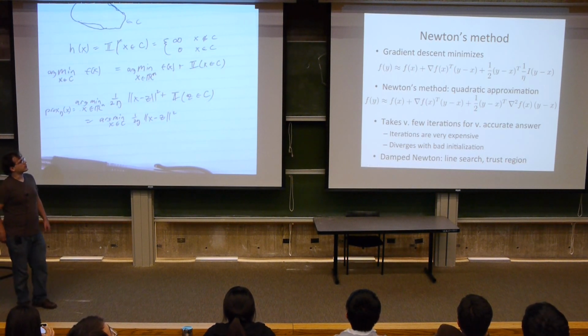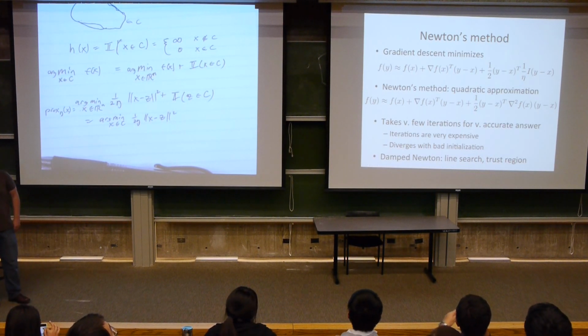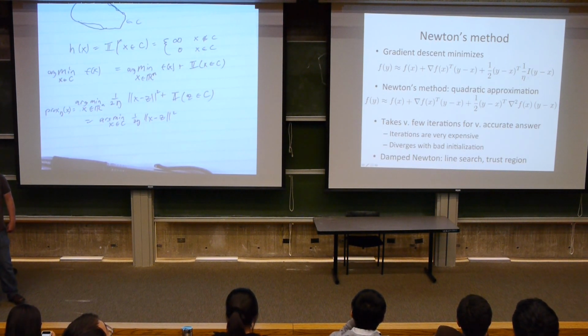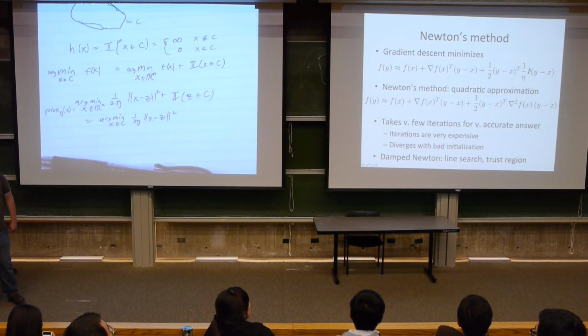So gradient descent, as we saw earlier, minimizes this thing. So you take the function, and then a linear approximation to the function, and then a second order term, which is basically a second order term of a fixed quadratic.